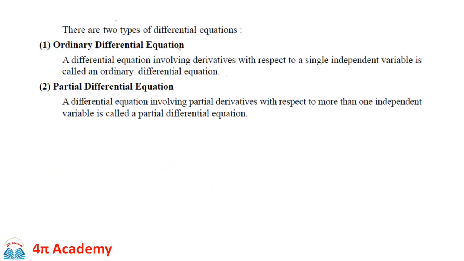Then there are two types of differential equations. One is called an ordinary differential equation and the second one is called a partial differential equation. Now first we will see what is meant by an ordinary differential equation.